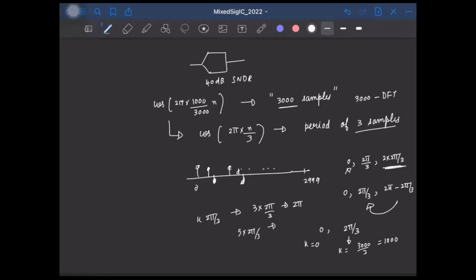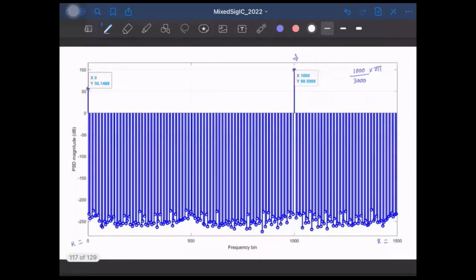And you can easily find that this will lie on 2 pi by 3, right? That will fall back to 2 pi by 3. And this 2 pi is same as 0. Okay. So finally, even though you have quantization noise and the harmonics of the signal, all of them will just alias back and lie on these two bins. Okay. And we'll wrongly think that the signal has no harmonics and there is no quantization noise, which is obviously not the case.